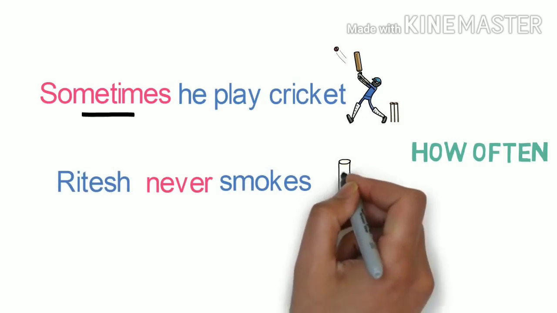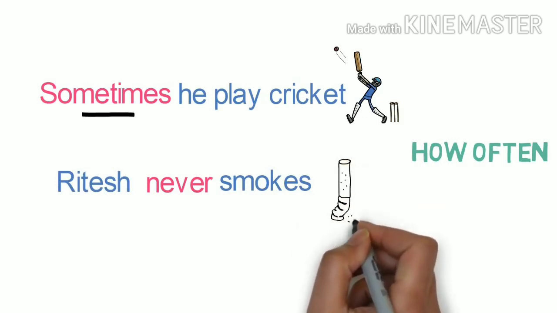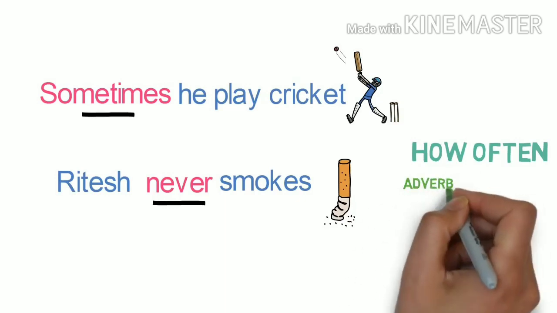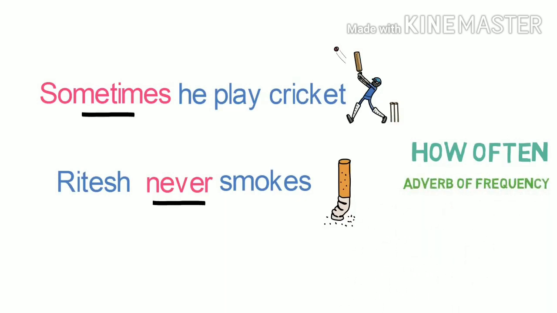Here never tells us that he does not smoke, and thus tells us the frequency of his smoking. So never is an adverb here. As this adverb describes the frequency of action, these are called adverbs of frequency. Now we have seen examples of adverbs that are describing a verb or any action.